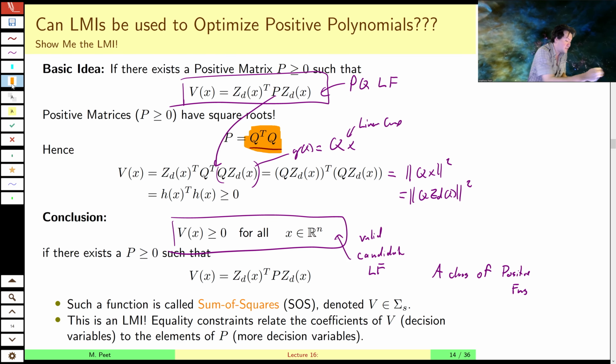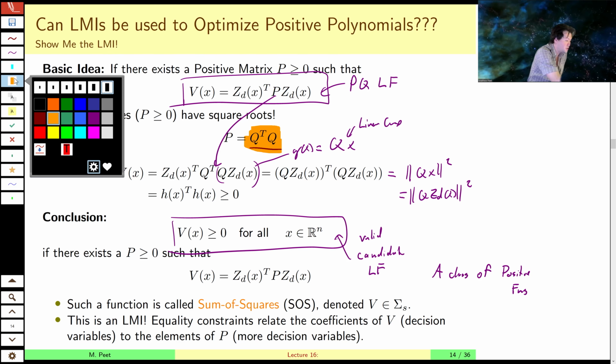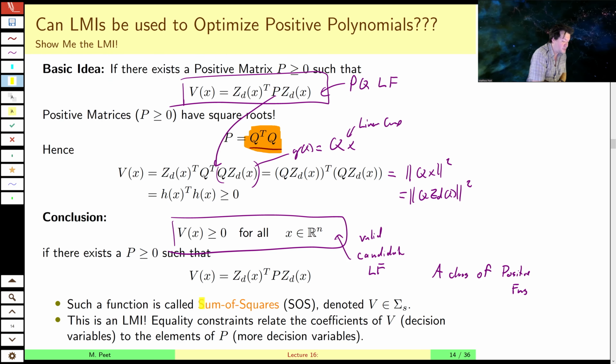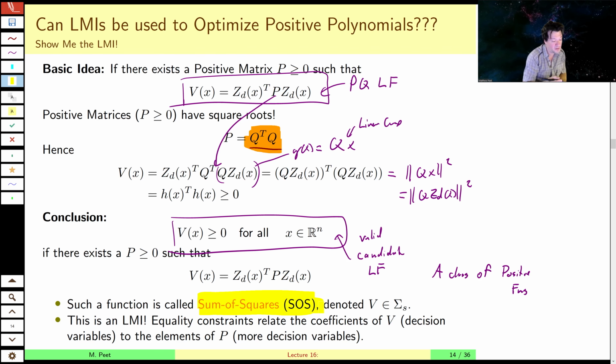And we refer to this specific class of positive functions as sum of squares polynomials. Or sum of squares functions, because actually z doesn't necessarily have to be monomials, but when we talk about sum of squares, we're referring to sum of squares of polynomials.